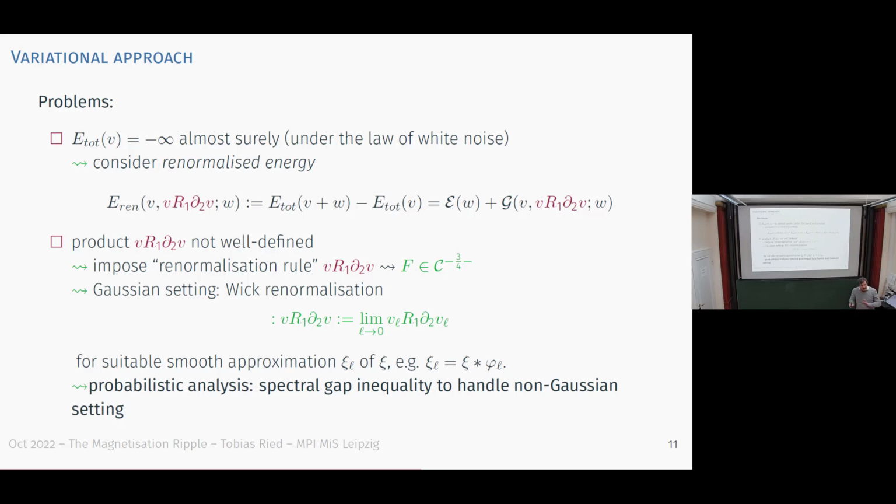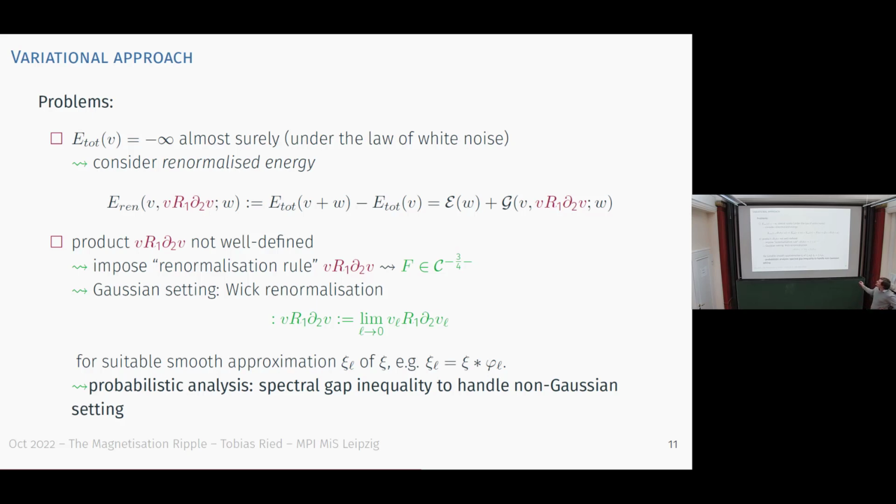Let me be a bit vague at the moment and just say, okay, we can replace this product by a good procedure, by an object F, which in the Gaussian setting we saw can be constructed by Wick normalization. And what I will later show you is that this renormalization procedure depends very heavily on the spectral gap inequality to handle the non-Gaussian setting.